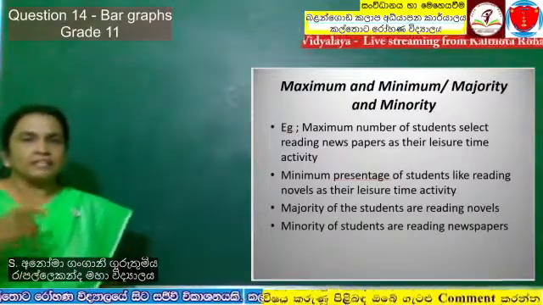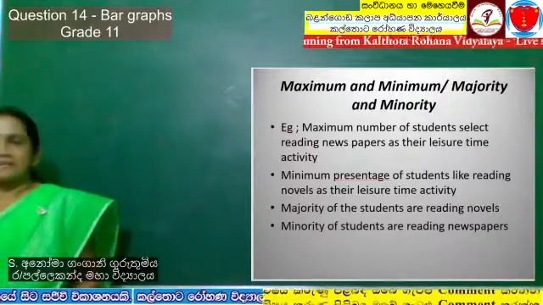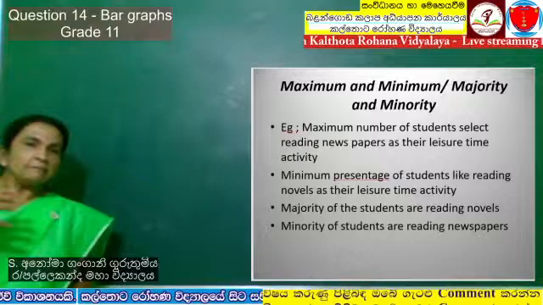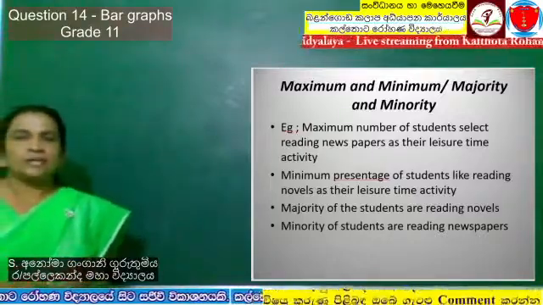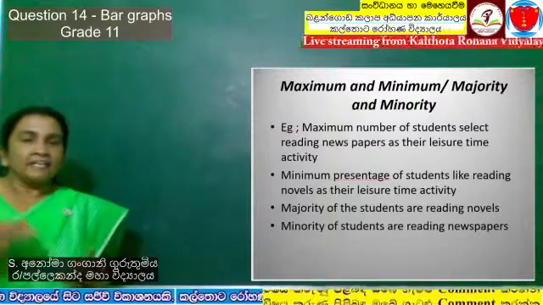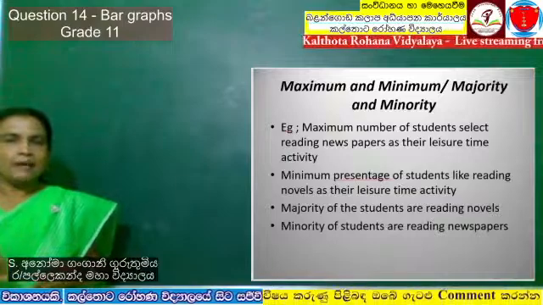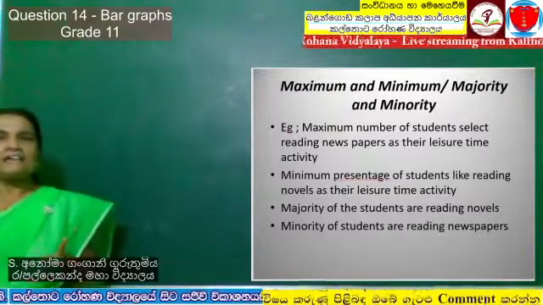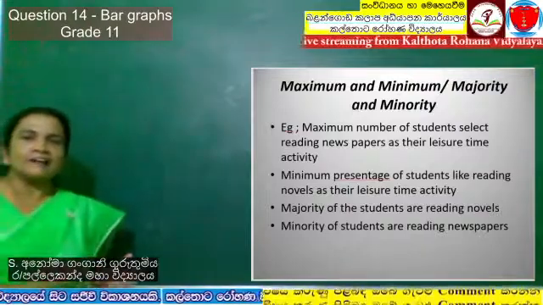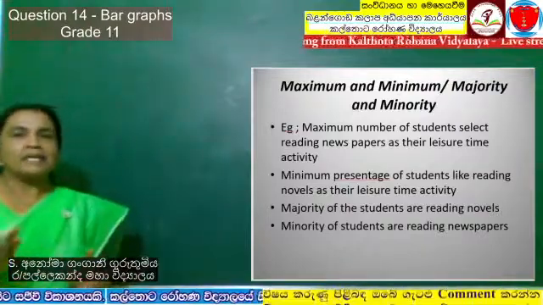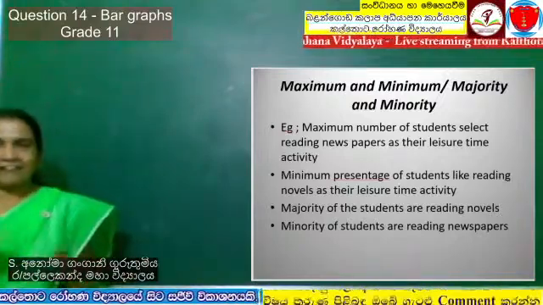Maximum number of students select reading newspapers as their leisure time activity, and minimum percentage of students like reading novels as their leisure time activity. Again, majority of the students are reading novels, and minority of students are reading newspapers. Did you understand that? Yes, children. Right, very good.